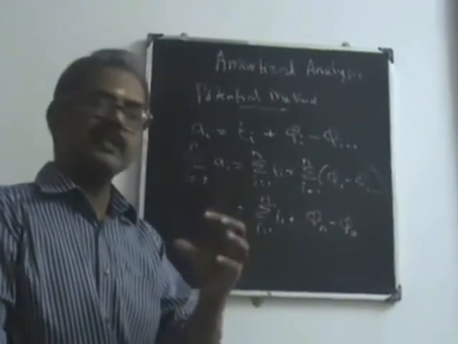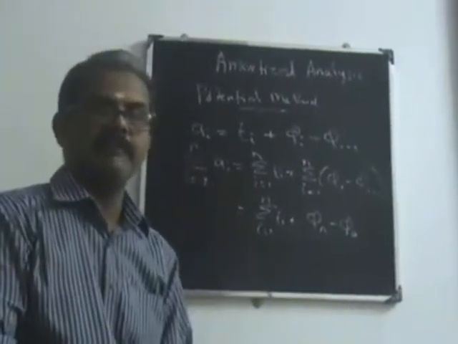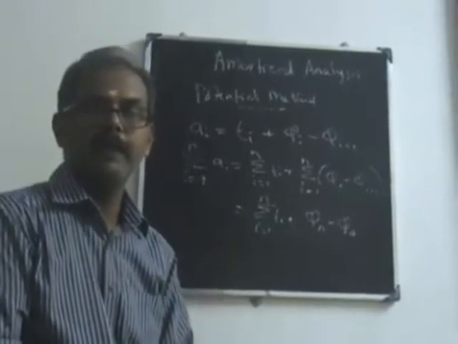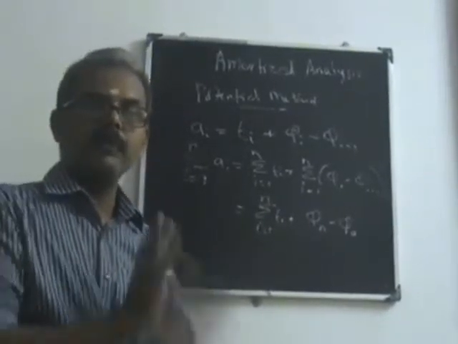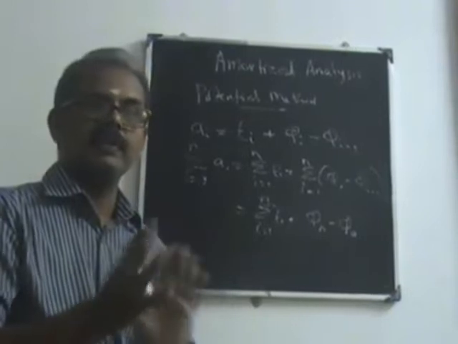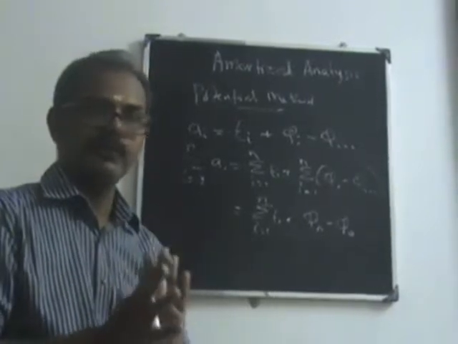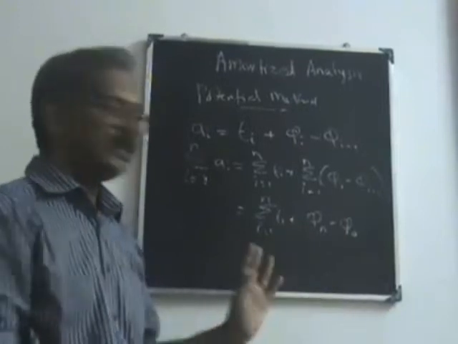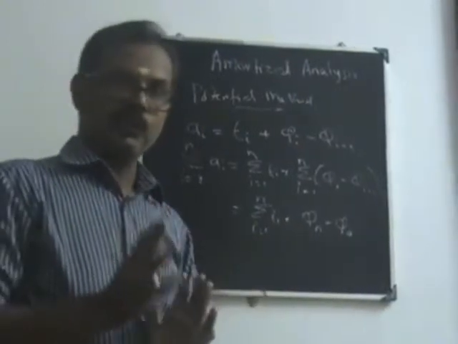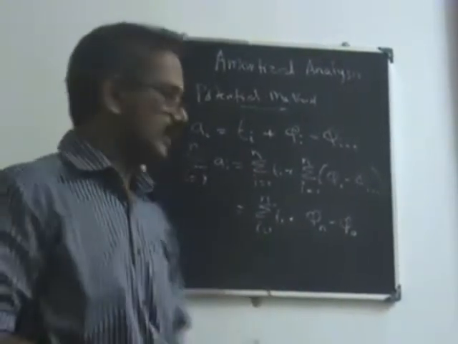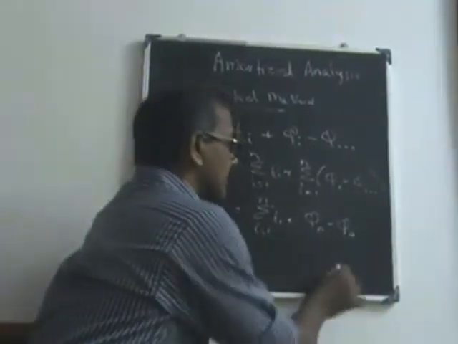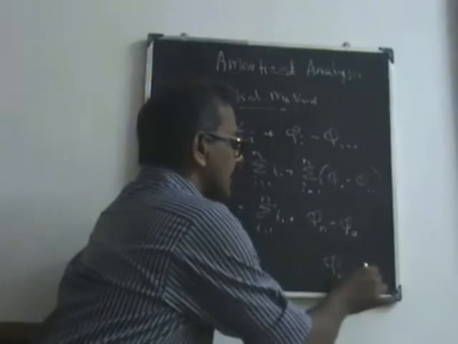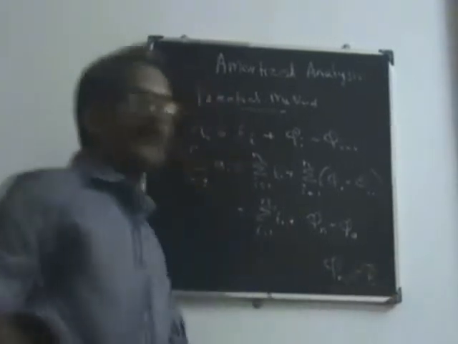So this potential function is a user defined function. It varies from problem to problem, and different potential functions can give different values. Since it is user defined, we can define a potential function in such a way that phi_n is greater than or equal to phi_0.